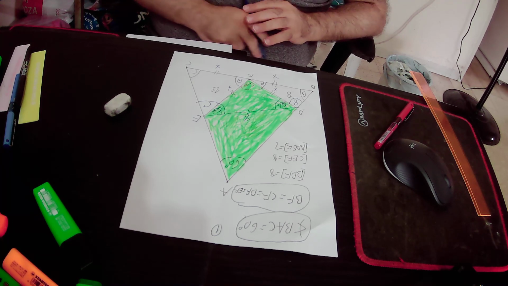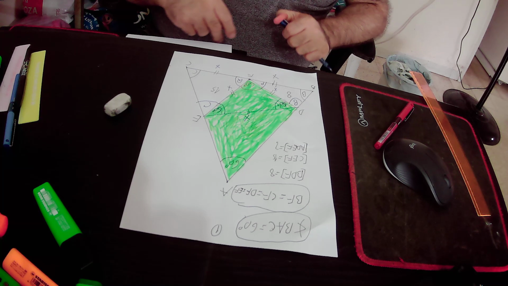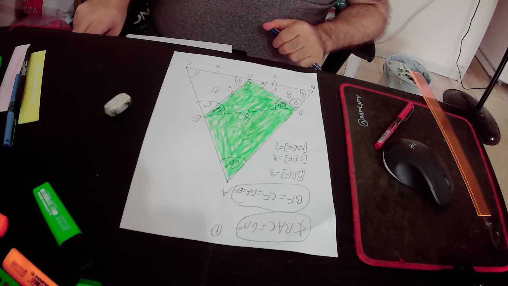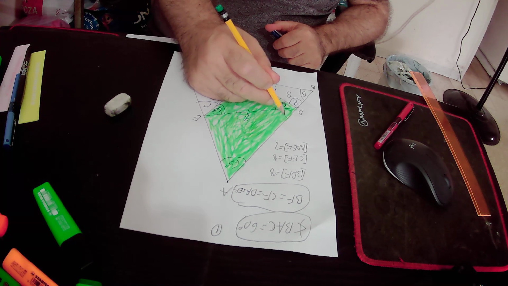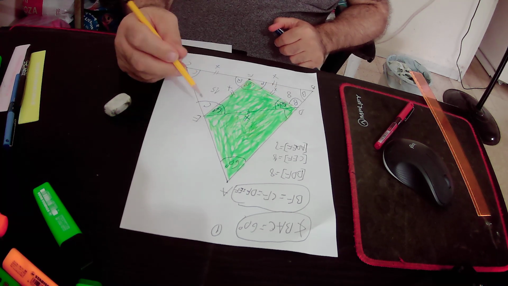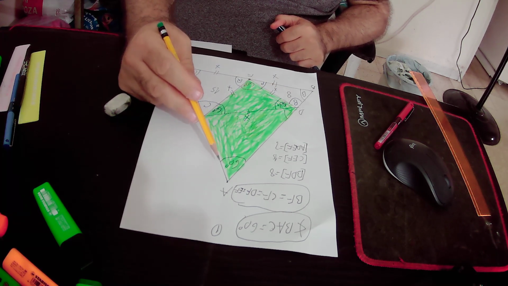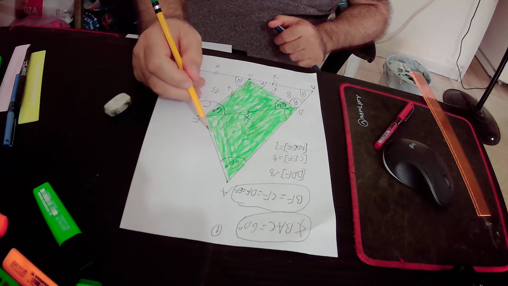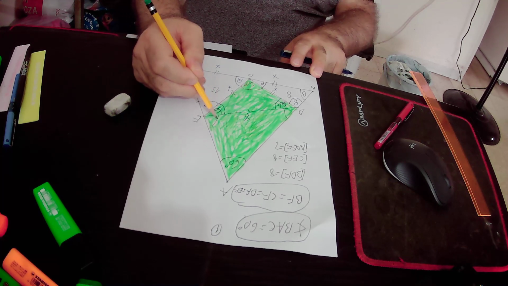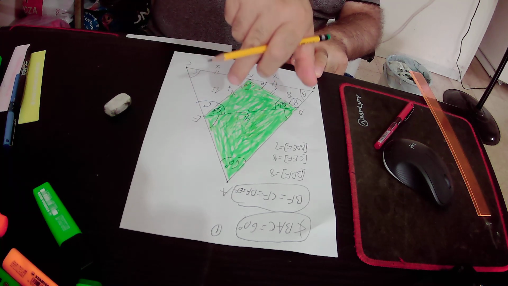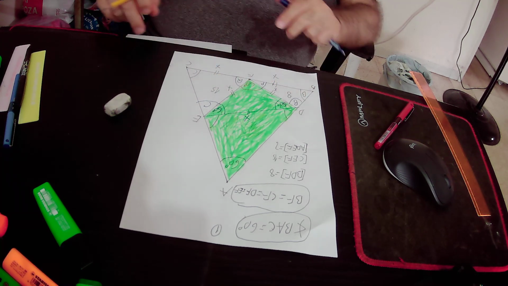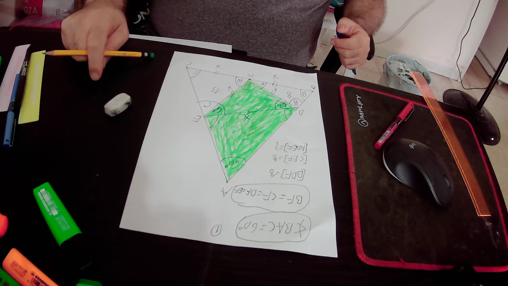Okay, in the next step we will find out the size of angle ADE, and we will also find out the size of angle AED. So we'll find out the sizes of the two angles in triangle ADE.